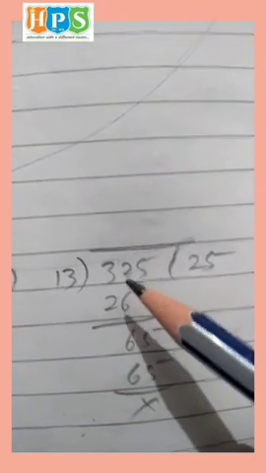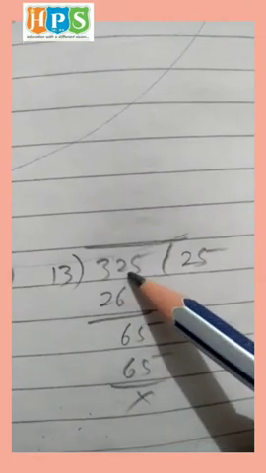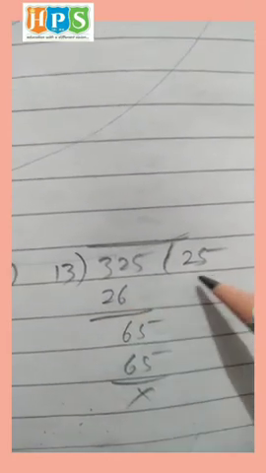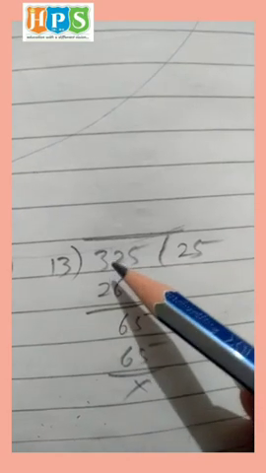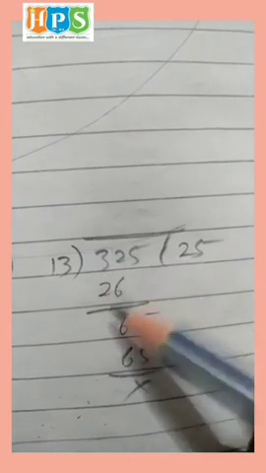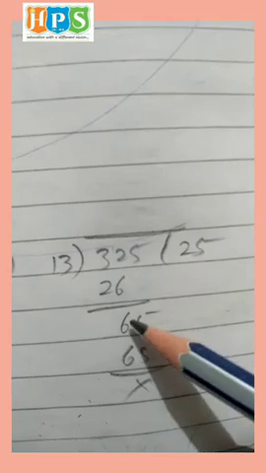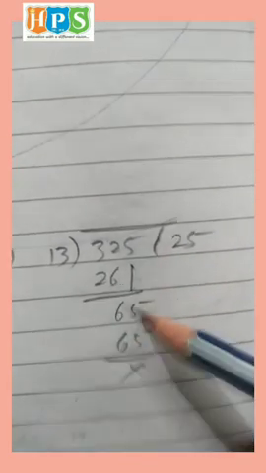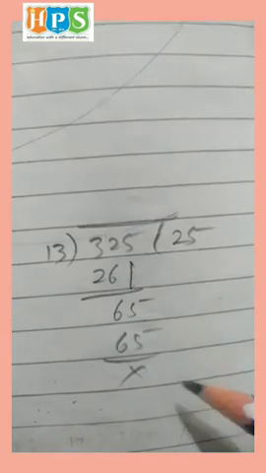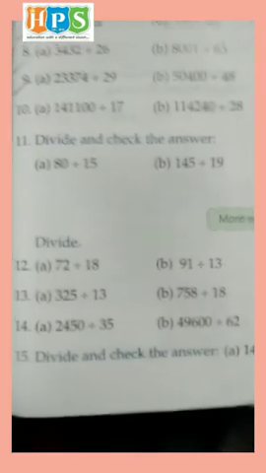So 39 is larger than 32. So we divide 2 times. 13 2 is 26. We can subtract 32 minus 26. 12 minus 6, 6. We write 5 to make 65. 13 5 is 65.